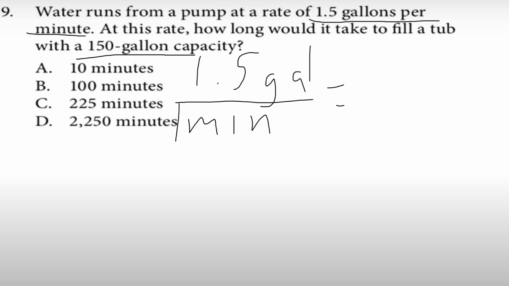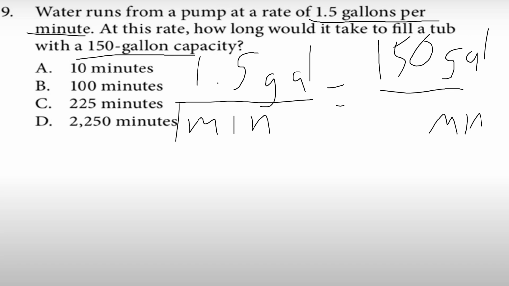And what a proportion is, it just means that you're going to have two fractions that are equal to one another. So we're going to follow the same format on the other side. So we have gallons per minute. So we're going to have gallons as the numerator and minutes as the denominator on the opposite side of the equal sign. We know that the tub is 150 gallons. We don't know how long it's going to take to fill that.